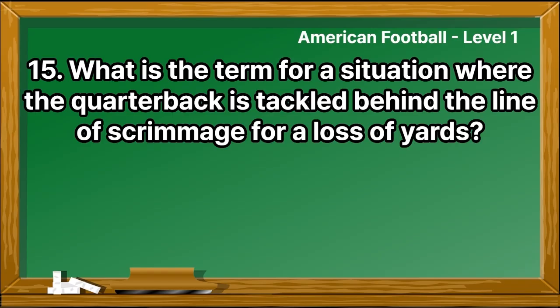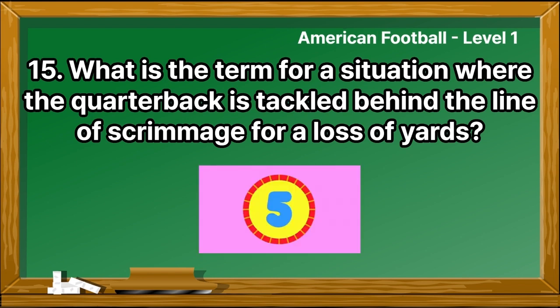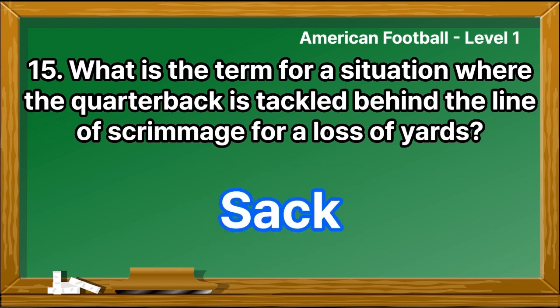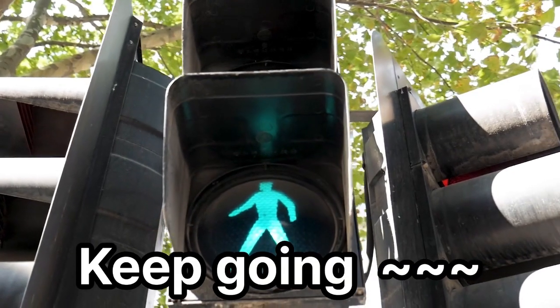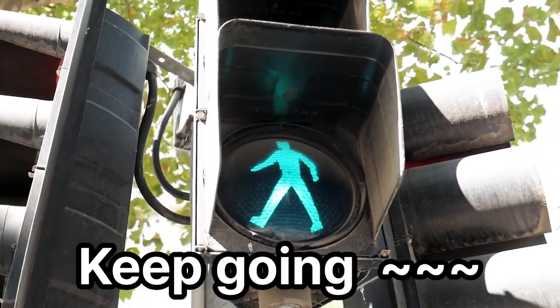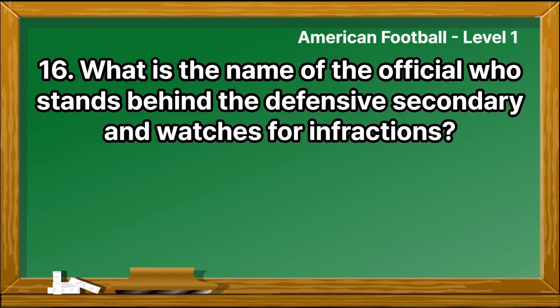What is the term for a situation where the quarterback is tackled behind the line of scrimmage for a loss of yards? Sack. Keep going. What is the name of the official who stands behind the defensive secondary and watches for infractions?